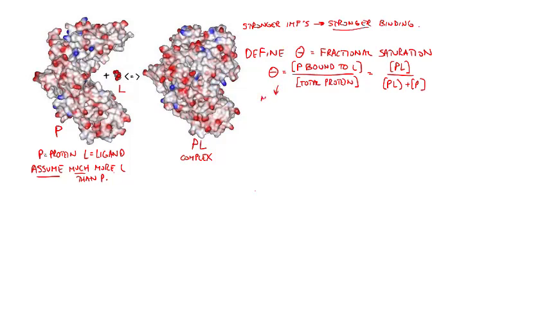However, if you have multiple binding sites, and they're all equivalent, which is a pretty big if, then theta is equal to the concentration of bound binding sites over the concentration of total binding sites.